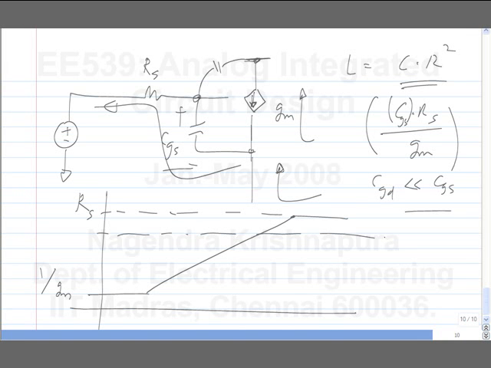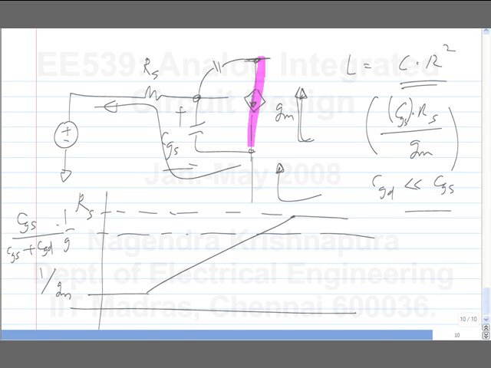Highest impedance looking into this one. Forget what you see into this branch. Looking into this part, what is the highest impedance you see? It's this capacitive divider times 1 over Gm: Cgs by Cgs plus Cgd times 1 over Gm, which can be smaller than Rs.